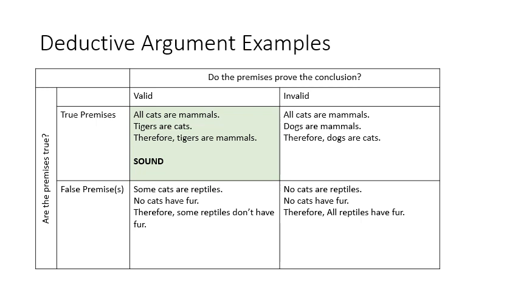All right, so moving on, we have bottom right, where nothing is going right. We have false premises and an invalid pattern, so everything is just sort of a mess here. So "no cats are reptiles," that's false. Oh wait, no, actually that one's true, but it's false that no cats have fur.